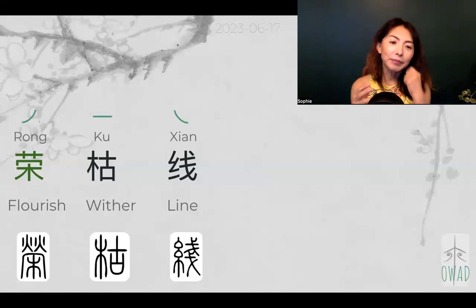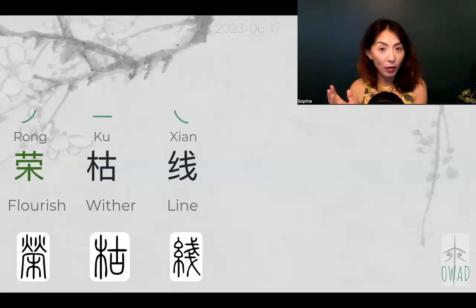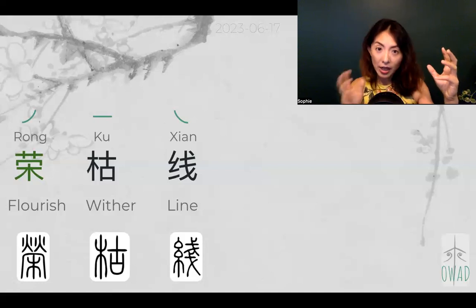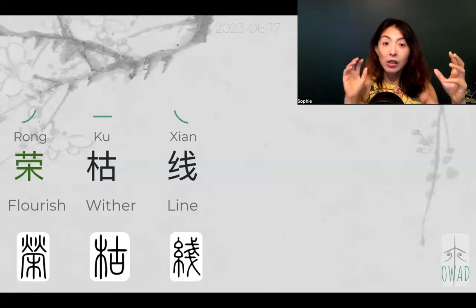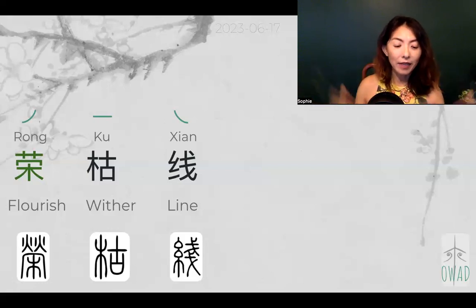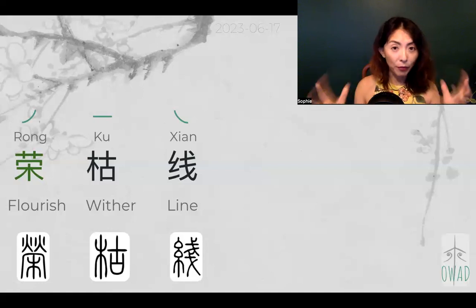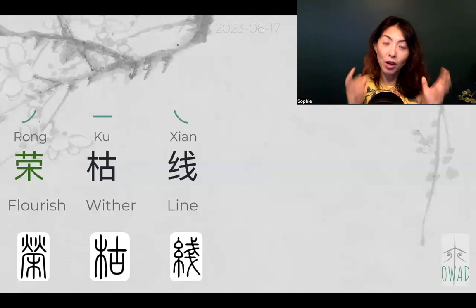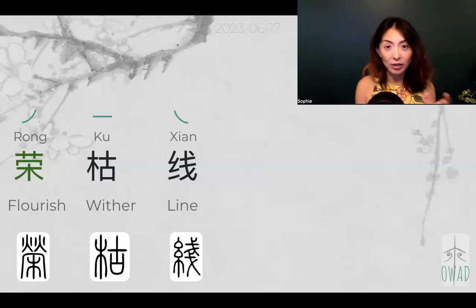But in this case, 10 mouths means 10 generations of mouths passing down their knowledge verbally. This is even before bookkeeping, before written form. So how you're going to pass your generational information to the younger generation is by verbal means.